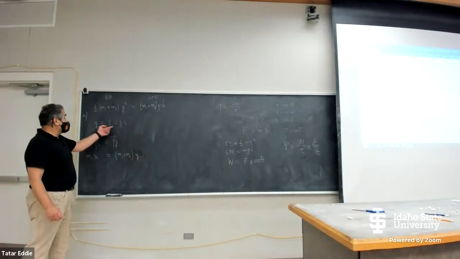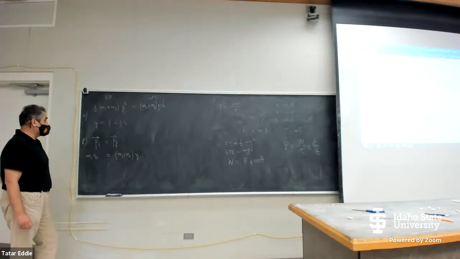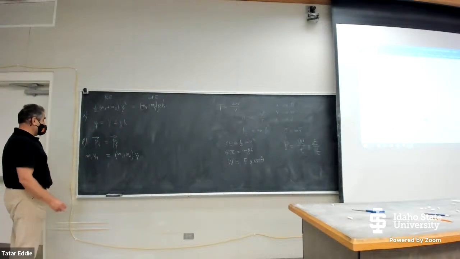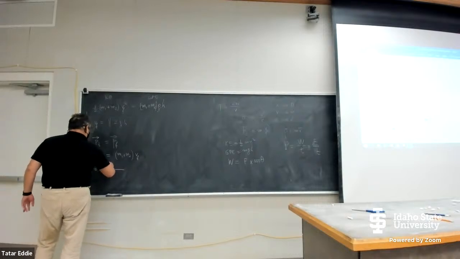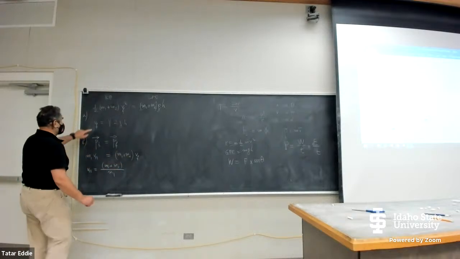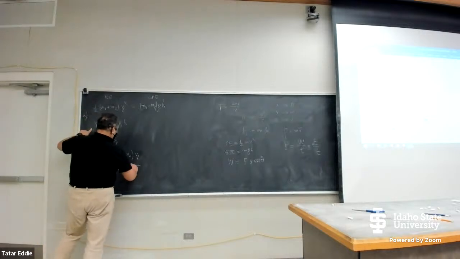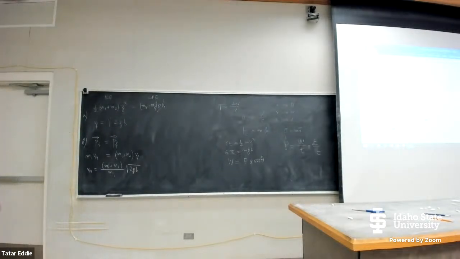You have this algebraic expression for that speed. And from here you can say the speed of the bullet is equal to (m1 plus m2) divided by m1, multiplied by v final, and v final is the square root of 2gh. So this is part B. The speed of the bullet just before the collision should be this expression.